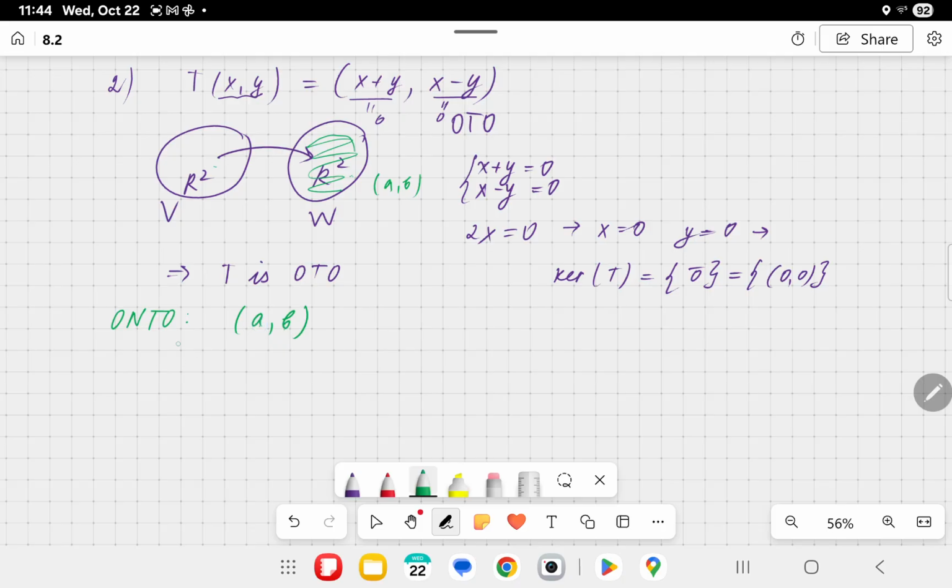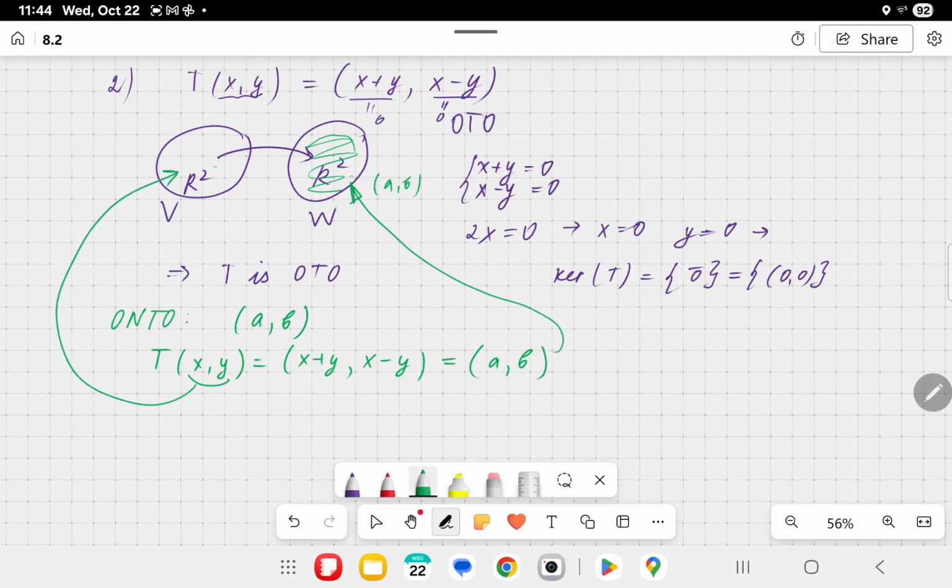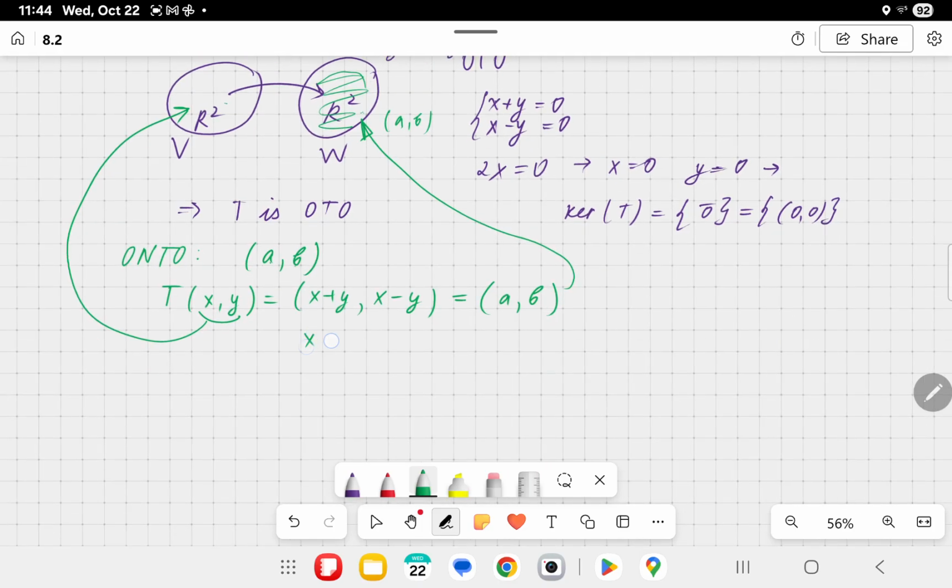I'm going to write down that T of x and y is equal to x plus y, x minus y, and it's supposed to be equal to a pair of two arbitrary numbers. This pair belongs to this space, and this pair belongs to this space. Well, so I'm going to have two equations, x plus y equals a, and x minus y equals b. If I can find x and y for any a and b, I'm going to prove that for any a and b, there is going to be some vector which is producing them. Then, yes, it's going to be onto.